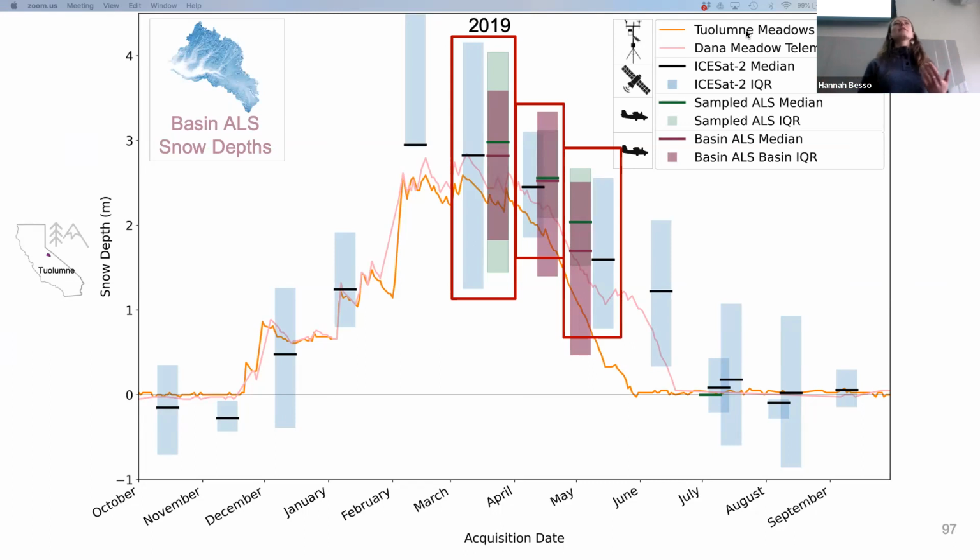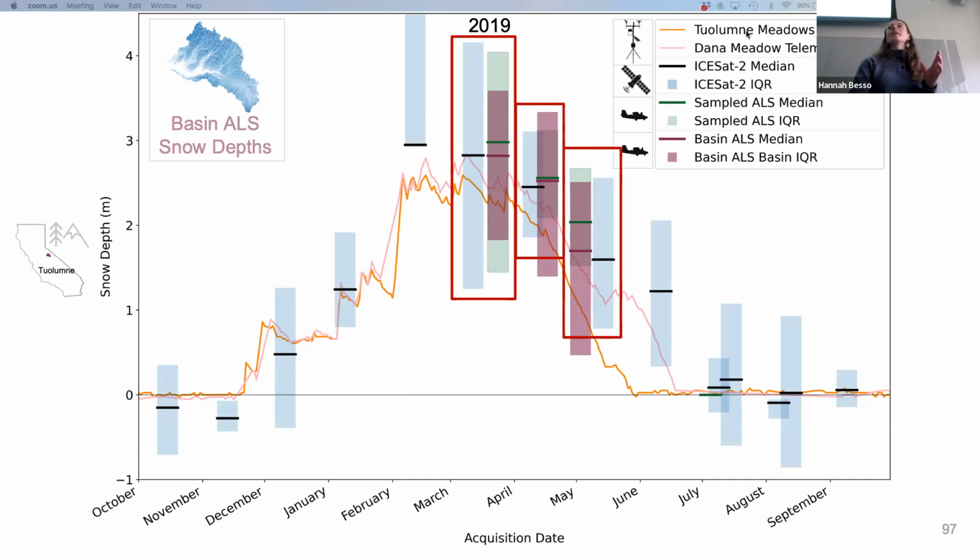And we can see that the medians between the ICESat-2 in the black lines and the purple lines, which is the median for the basin snow depth, are remarkably close together, which is telling us that we are measuring very accurately the basin median snow depth using these ICESat-2 single acquisition dates.